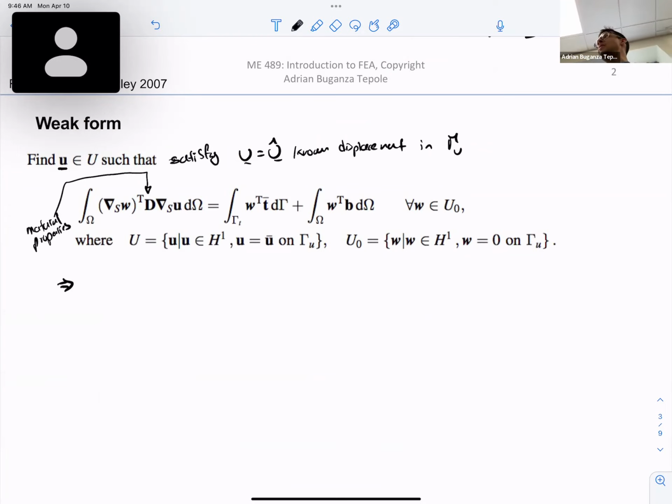Well, as usual, if you remember our diagram, I haven't gone back to that diagram, but we have the strong form, then we have the weak form. So this is the weak form. Then down here, hopefully you remember, we have FE interpolation.